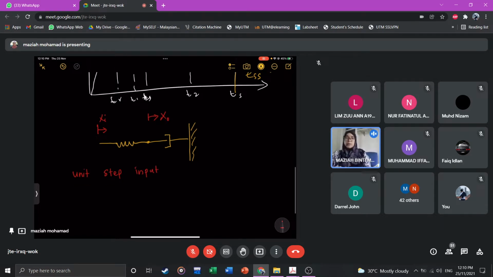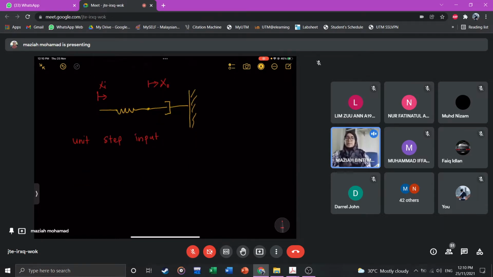So of course when we design, we have some requirements. Maybe one is in terms of how fast the response of the system. And the second one, that is for the transient region.